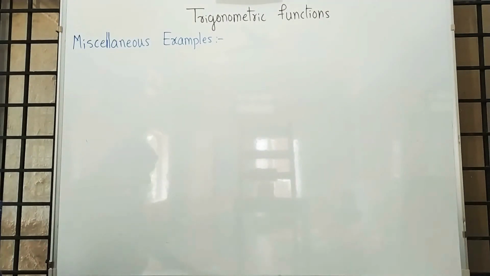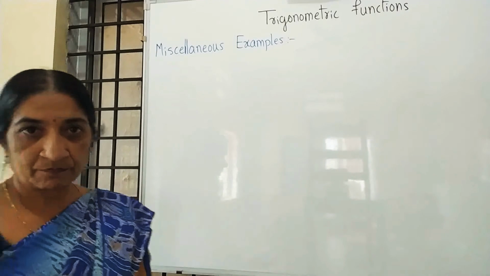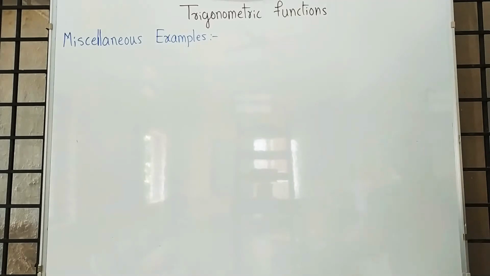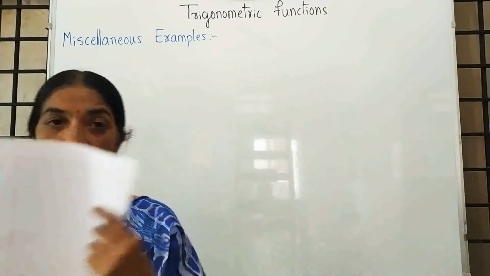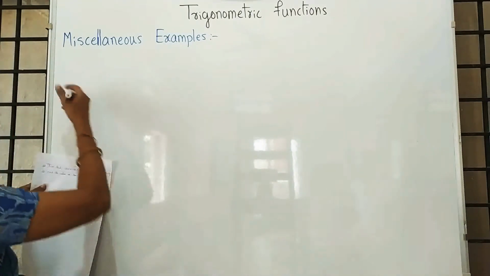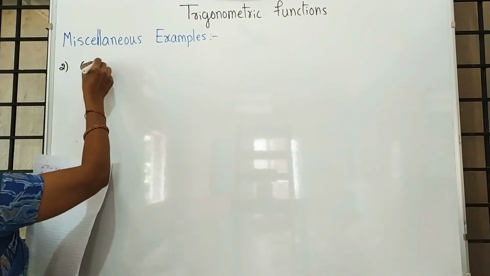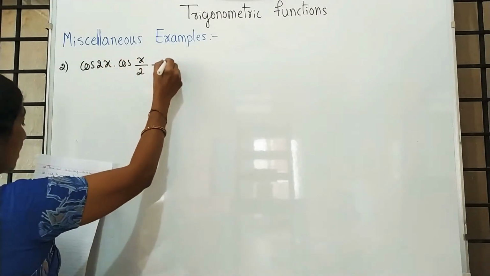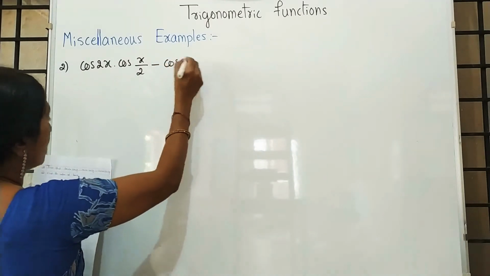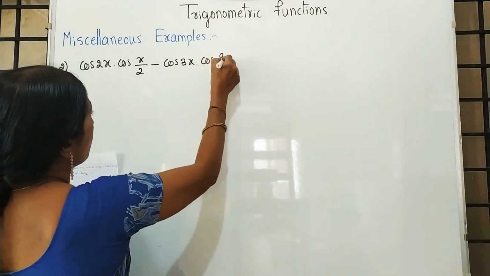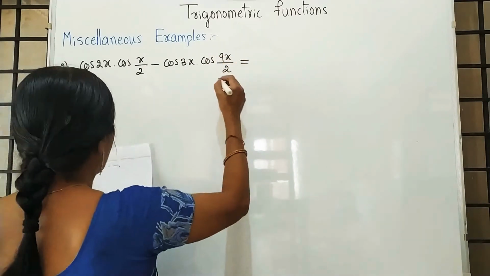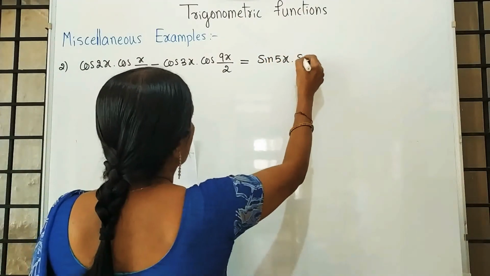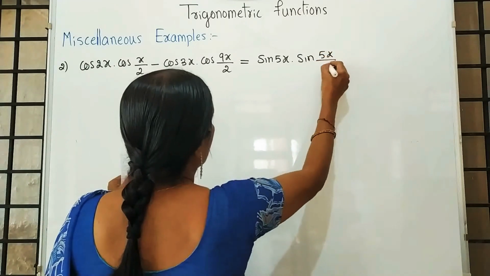In the next example, moving to the next example, prove that cos 2x cos x/2 - cos 3x cos 9x/2 = sin 5x sin 5x/2.